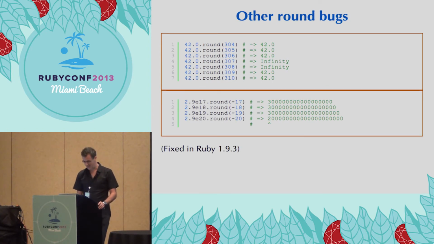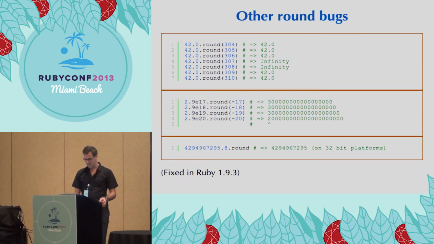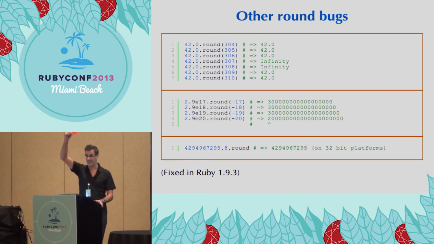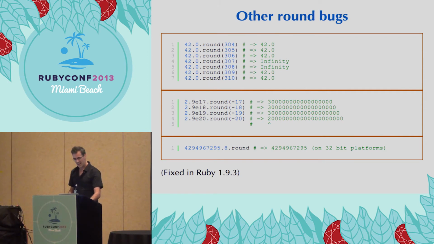Another funny example, and even some basic arithmetic with no arguments, no nothing, would give you the wrong results on some platforms. So if you have a behavior that changes from platform to platform, that's a really, really big sign that this is what you should be raising.